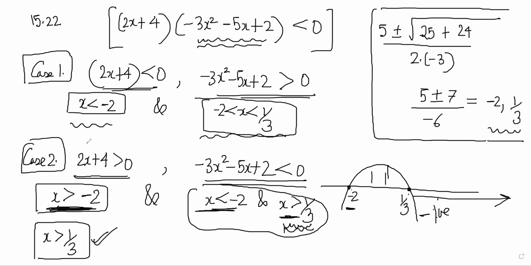In this particular problem, it turned out to be impossible. But in other questions, it might be that there are some regions of x where case 1 is also true and somewhere where case 2 is also true. Do you understand what I'm saying? Yeah, I understood.